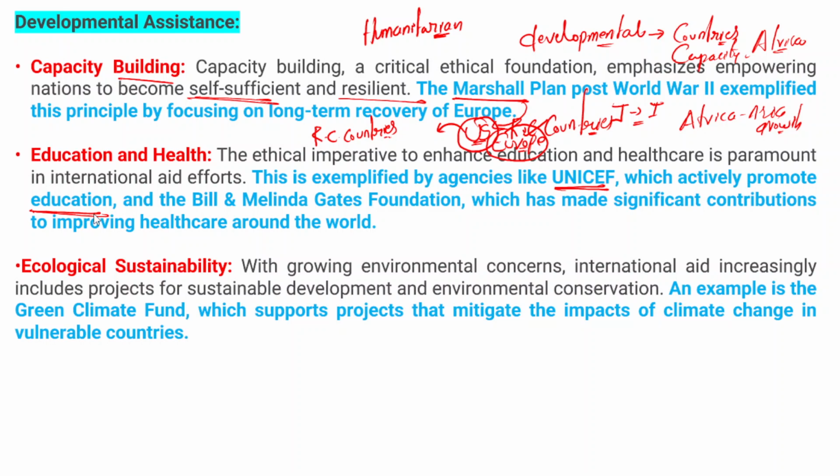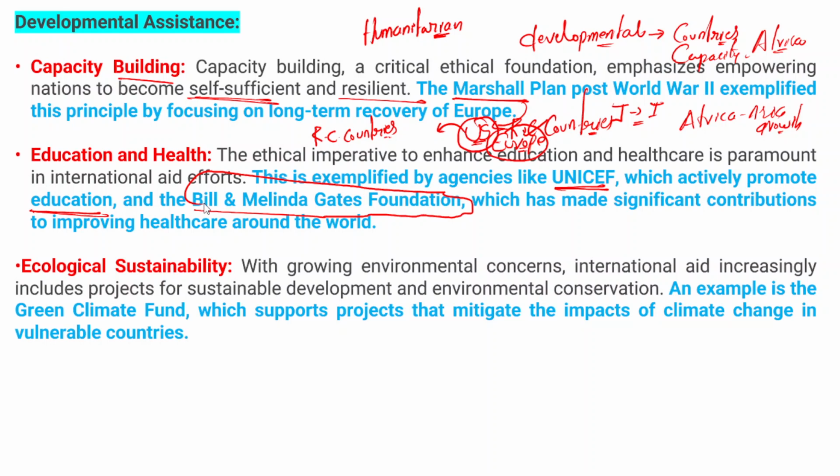You very often come across the Bill and Melinda Gates Foundation as well. The Foundation has been investing heavily in healthcare, education, agriculture, women empowerment, and gender equality related issues.